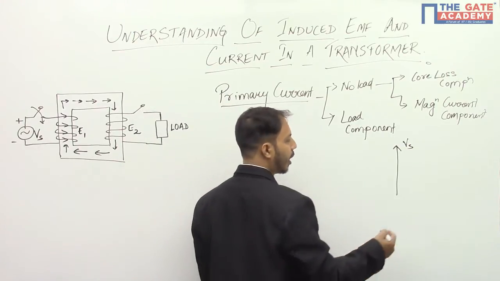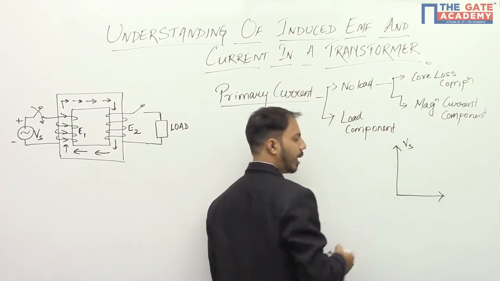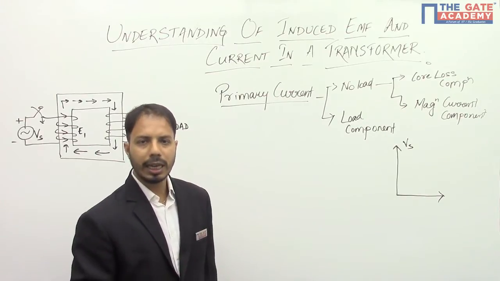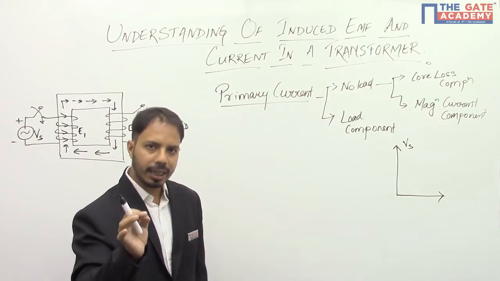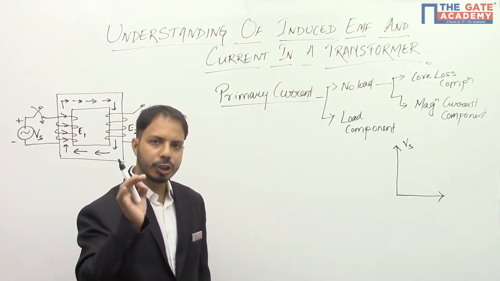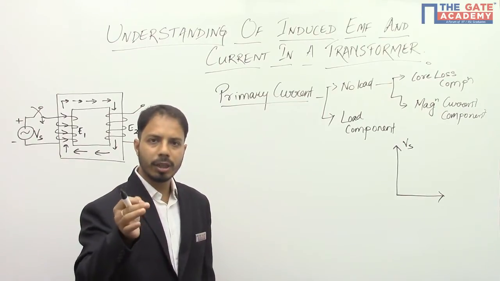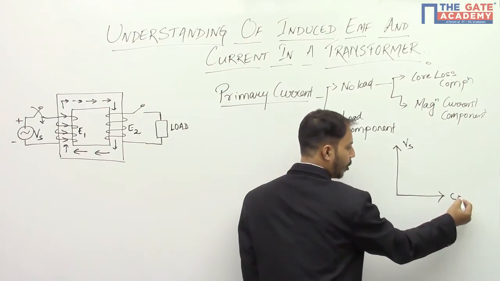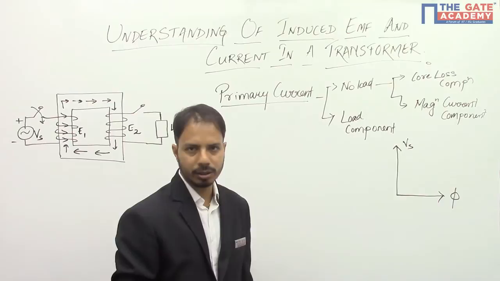In the nearly ideal transformer case, I am neglecting the leakage as well as the resistance of the coil. If I neglect the leakage component and the resistance of the coil, then the flux that will be produced will lag the supply voltage by 90 degrees. This is what happens.